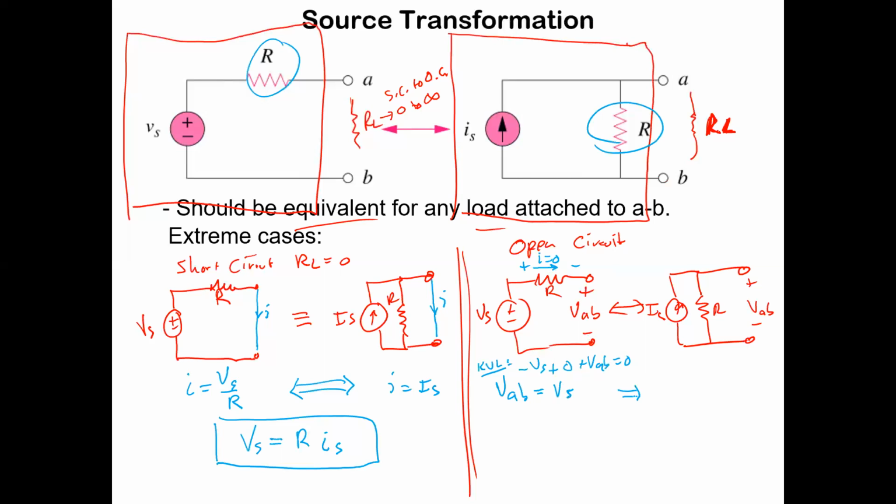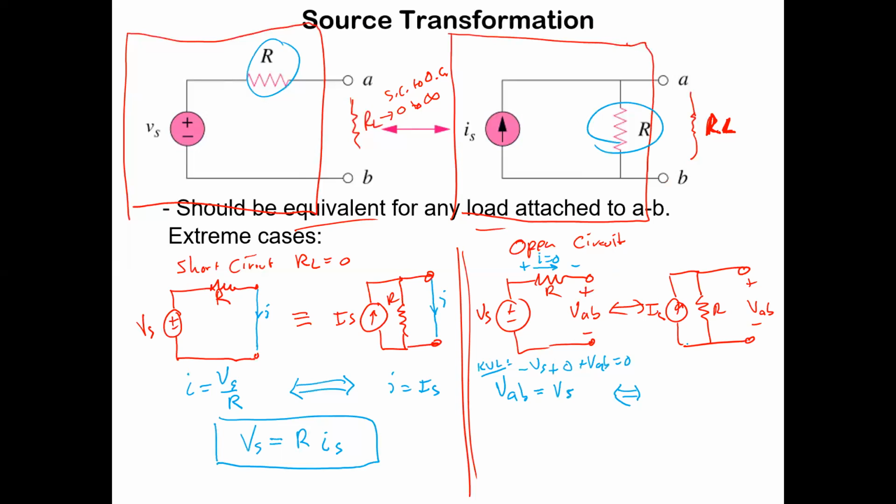And this should be equivalent. We want this to be equivalent in the case of the current source in parallel with the resistor. What's VAB in the second circuit? IS times R. Yeah, because all that current from the current source is going through R, and VAB is essentially measuring the voltage drop across R, right?